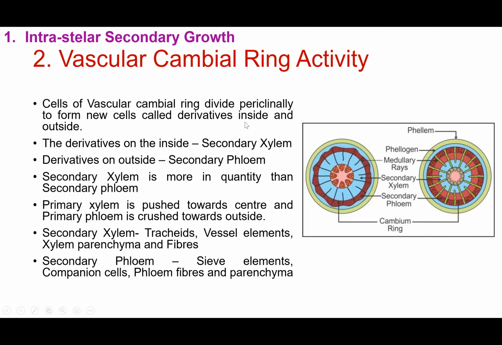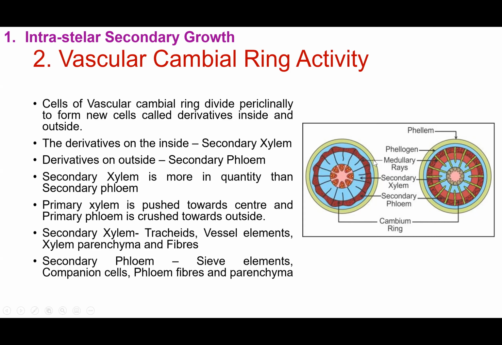When we look at the quantities, secondary xylem is produced in more quantity than secondary phloem. Because of the formation of the secondary xylem and secondary phloem derivatives, primary xylem is pushed towards the center, and primary phloem is pushed towards the outside.